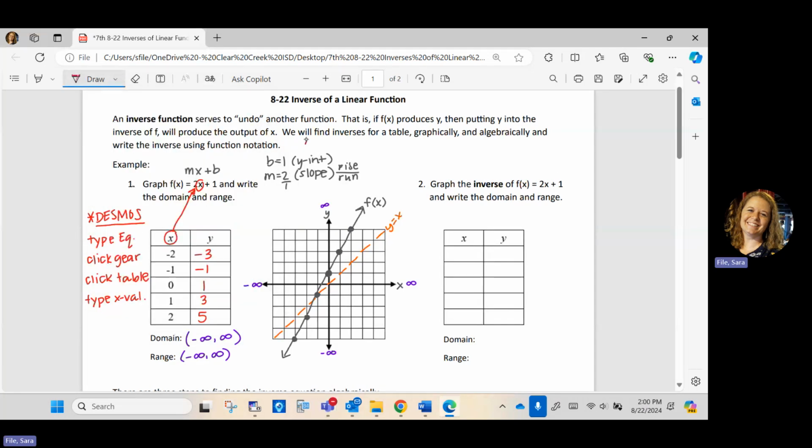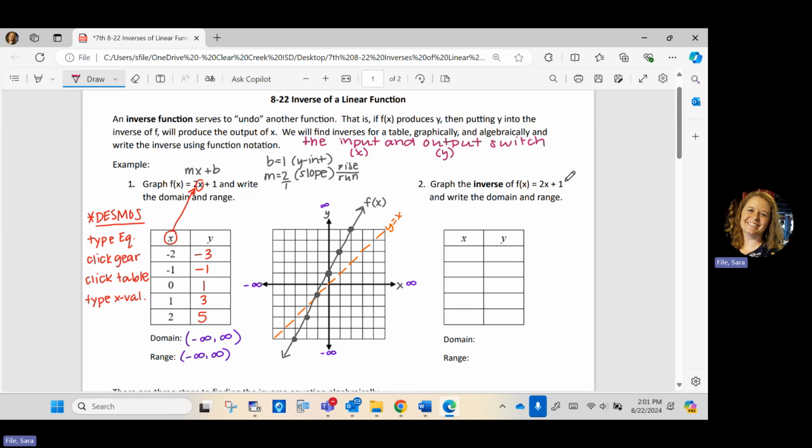The input and output switch. So input, that's your x's. Output, that's your y's. So essentially your x and your y just switch when you're getting an inverse function.